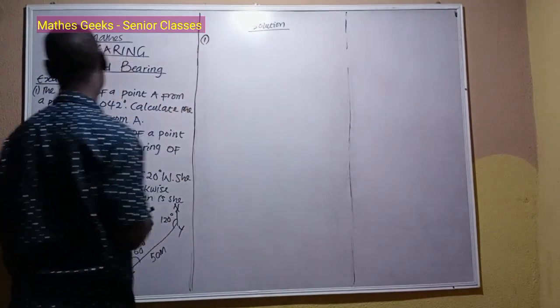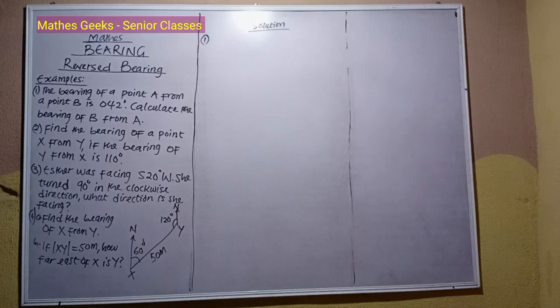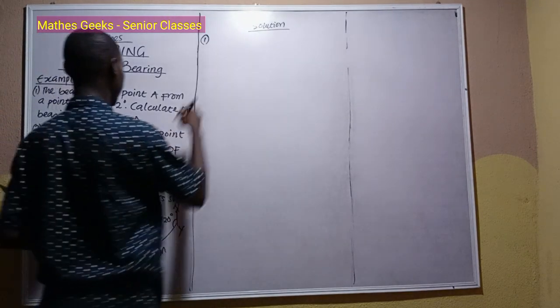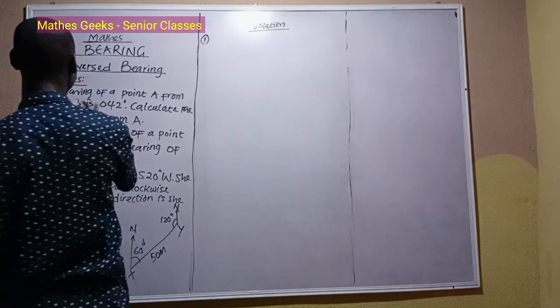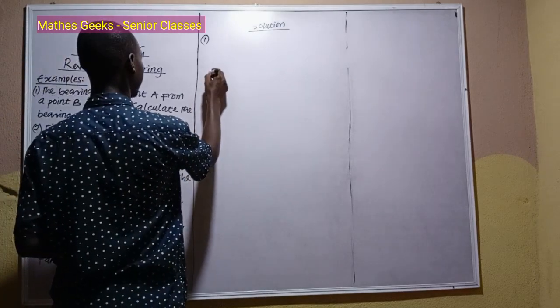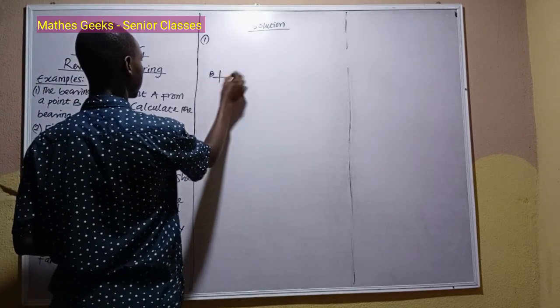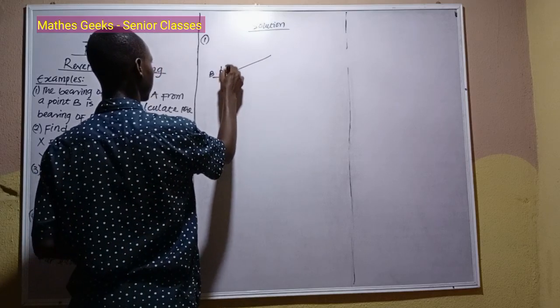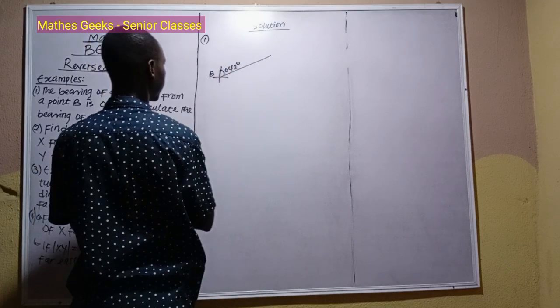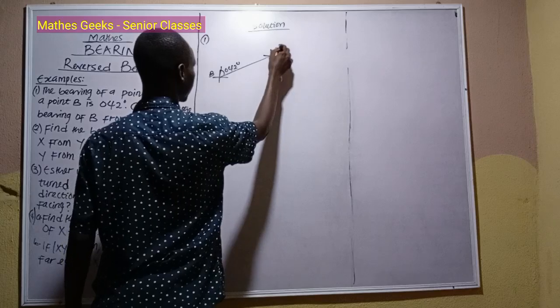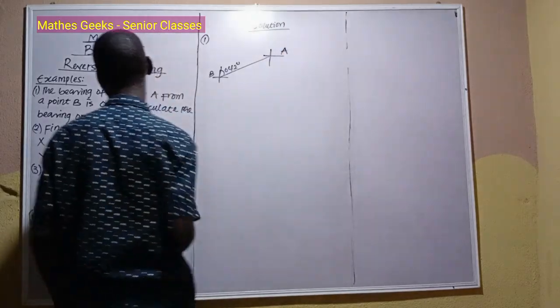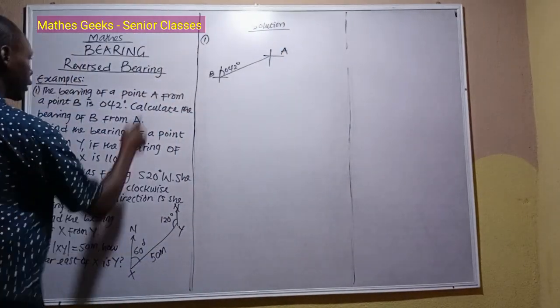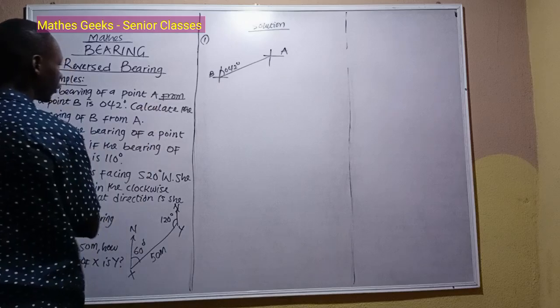Number 1. The bearing of a point A from a point B is 042 degrees. I always say, take note of this word "from".